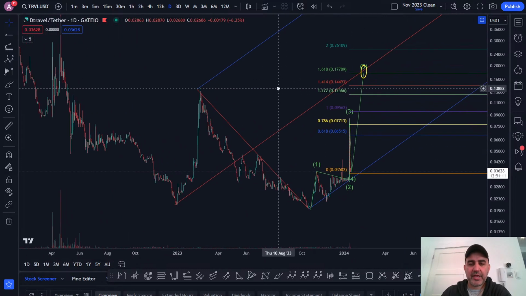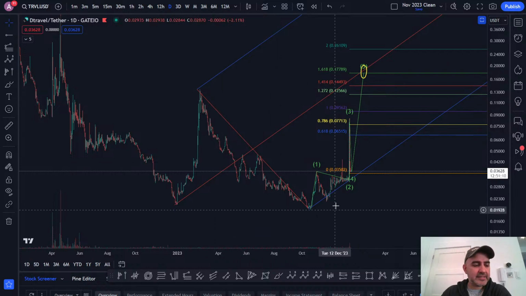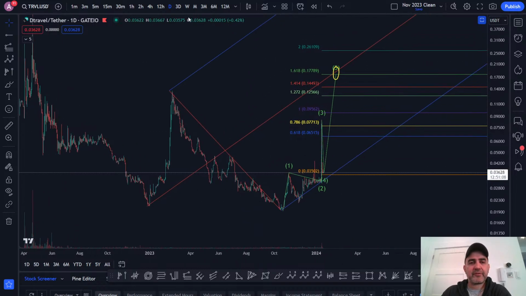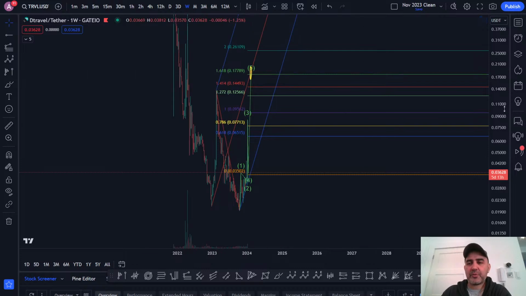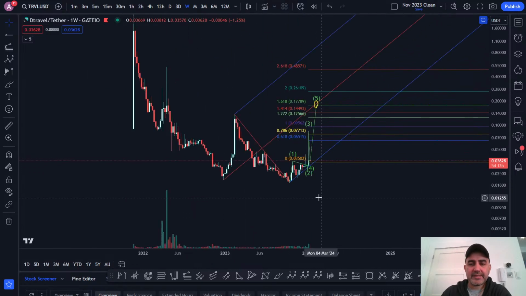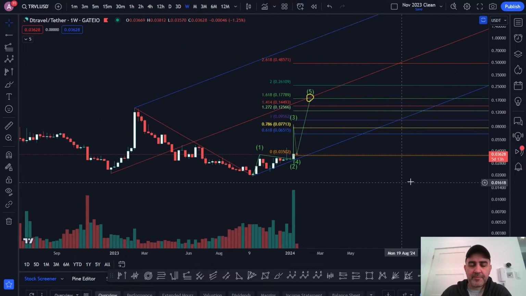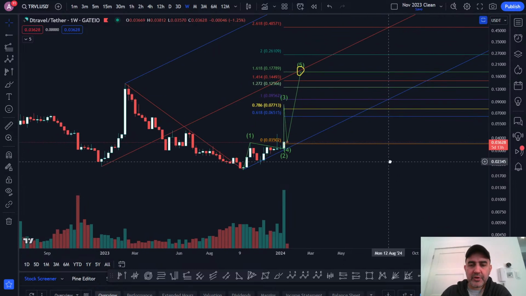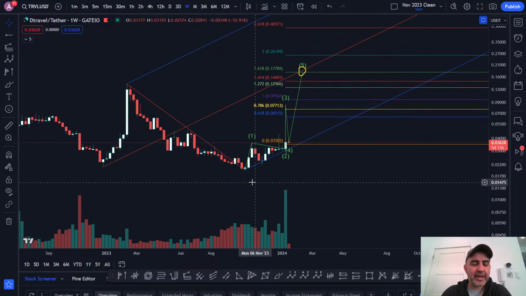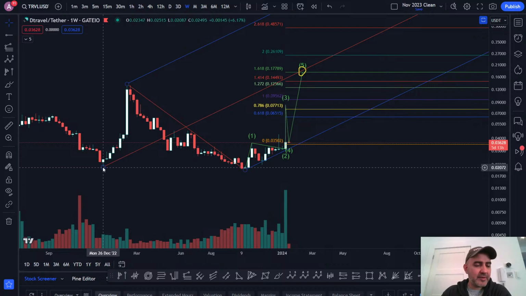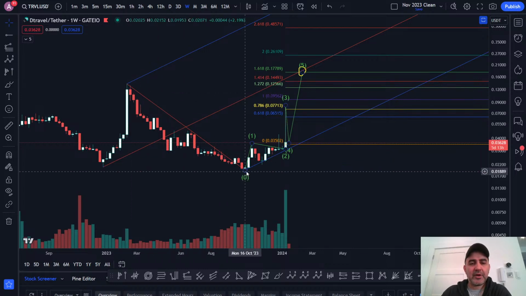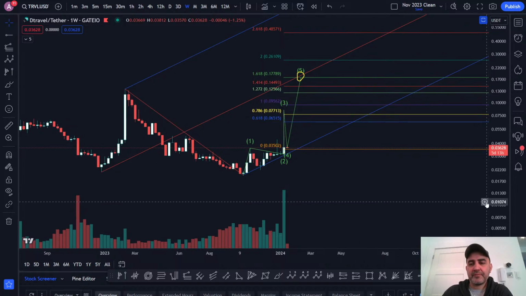So this is a higher time frame pitchfork that I've got. You really need to have it on the weekly time frame to see what I'm seeing. If you plot it on the weekly time frame, you take it from the first significant all-time low to the first relief rally high to the all-time low. That's your pitchfork.